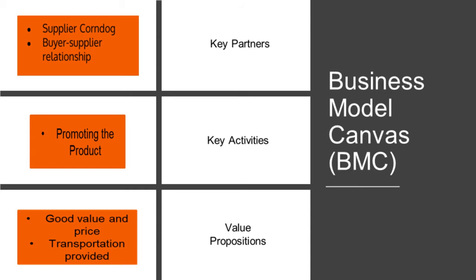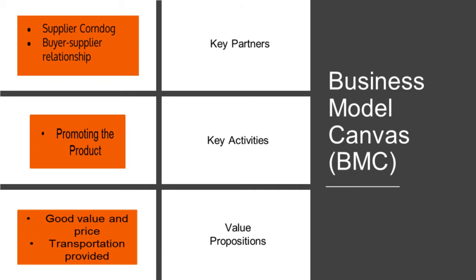Third is value propositions. The value proposition is an innovation, service or feature intended to make a company or product attractive to customers. Besides, value propositions should be developed based on the customer segment in mind, since one will continually develop the other throughout the BMC process. For Corndog Frozen by Ida, the first value proposition is good value and price.